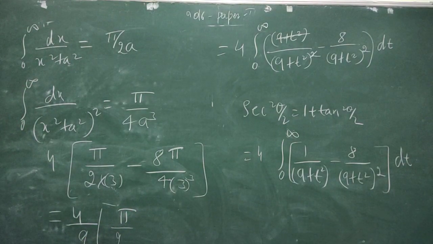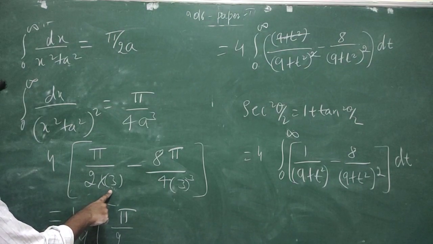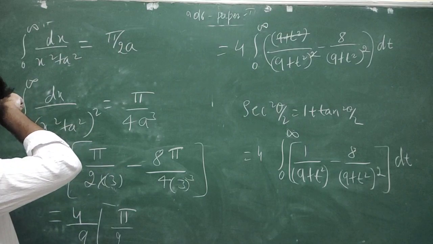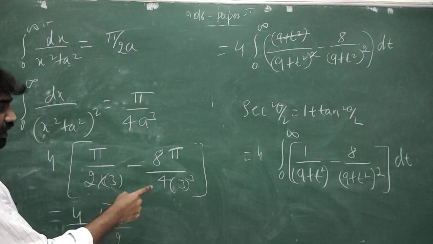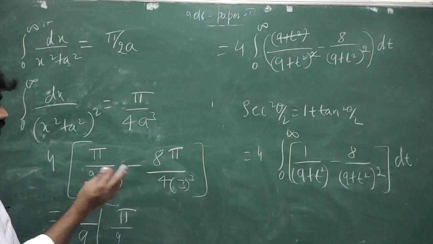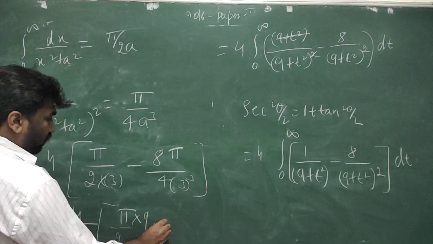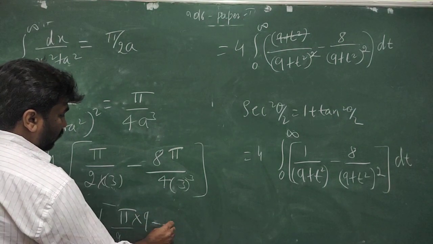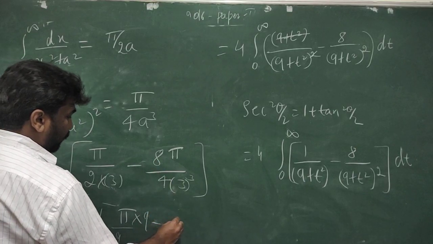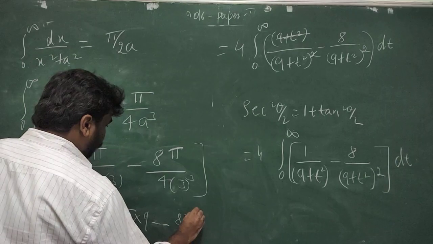So here we have only 3. Okay, so therefore if I take 3 cube as a common, in the numerator you will get 9 minus, okay, 8 pi divided by 4.